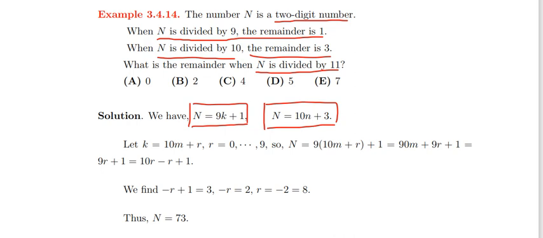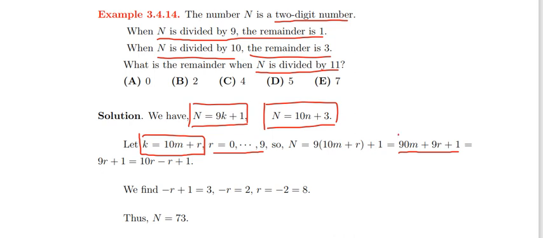Like we let this k, in terms of 10, divided by 10, we can write k equal 10m plus r. So then r can have those 10 numbers. So plug in here. So we have this n equals this number.